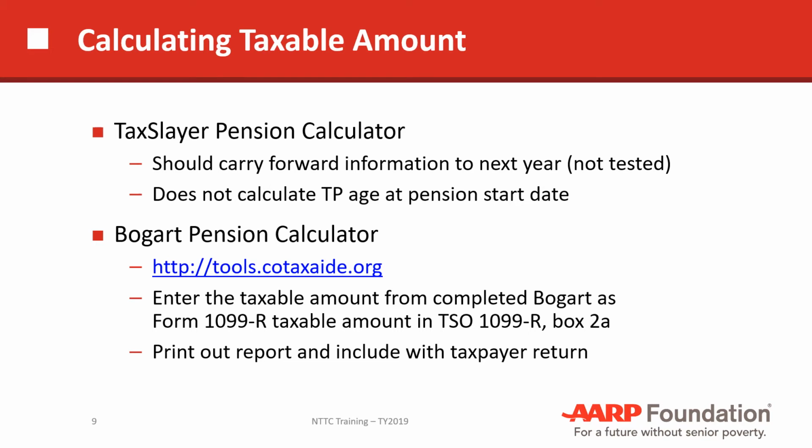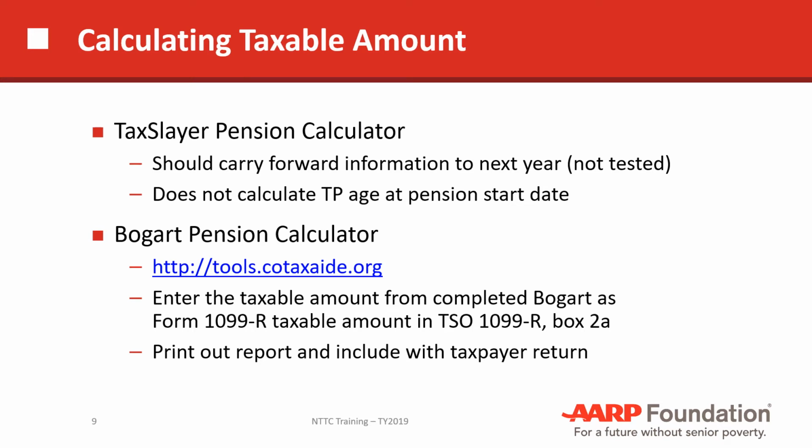And one of those tools that he's created is this pension calculator. And you can get to it by going to the website that you can see displayed on the slide. We also have a link to that tool on the Mass Tax-Aide website, mataxaide.org. So on the right-hand side of the first screen you get to on mataxaide.org, you will see the button that you can click on to go to his calculator.